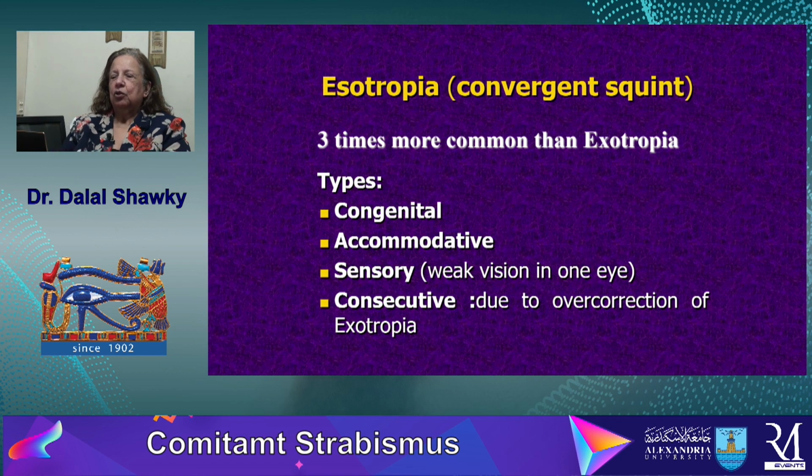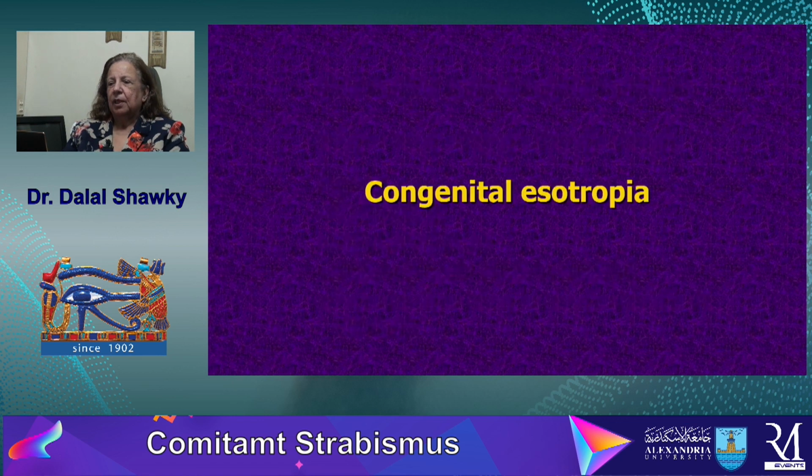The types of esotropia, the more common are the congenital type and the accommodative type. Less common are the sensory, due to weak vision in one eye, and this can be detected even in any age. And consecutive type means overcorrection of exotropia and postoperative leading to esotropia due to overcorrection, operating on more muscles.